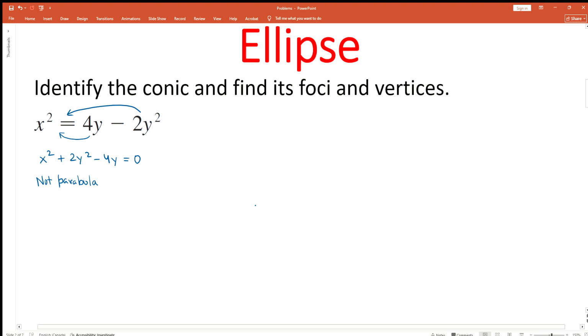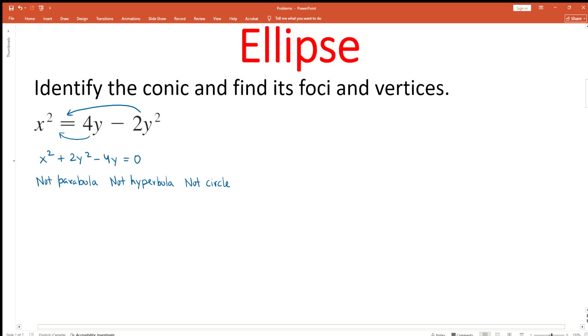So this equation does not represent a hyperbola. The coefficient of x squared is 1, the coefficient of y squared is 2. Since these coefficients are not the same, that means this equation does not represent a circle.